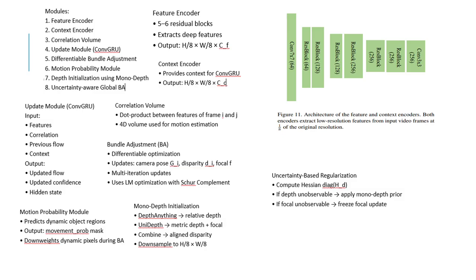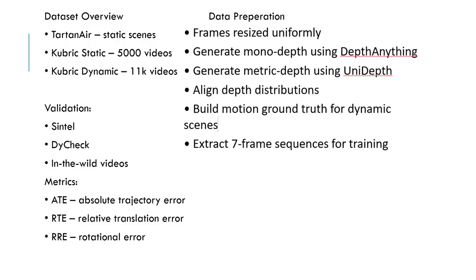Let's discuss another module, the update module, which is a ConvGRU that takes features, correlation and previous flow along with context to output updated flow, updated confidence and hidden state. Now the differentiable bundle adjustment, which is an optimization technique that updates camera poses, disparity and focal length at every iteration, using LM optimization with the Schur component.